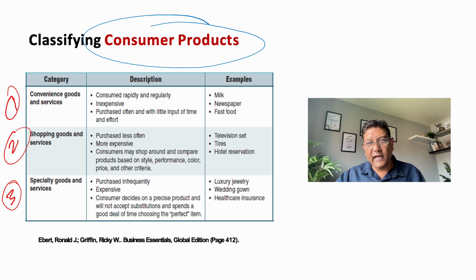So we need to understand how we are going to market those products, what are the best ways to market those products, or what are the best ways to get the consumer demand and supply the product to the consumers as well. So let's look at it a bit further.